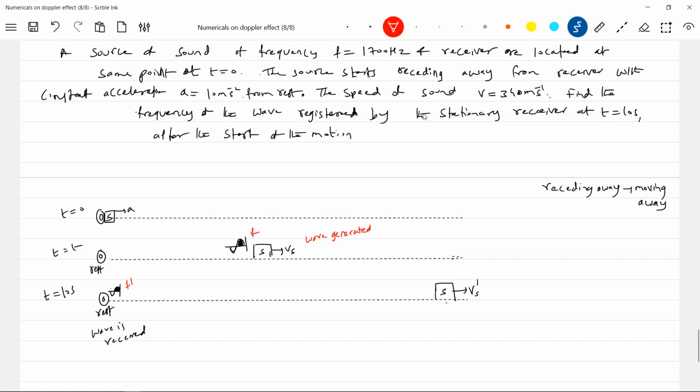So what is the Doppler effect formula? f dash is equal to f times v plus v naught by v plus vs. What is vs? Vs is the speed of the source at the instant the signal is generated. What is v naught? Speed of the observer or detector at the instant the signal is received.